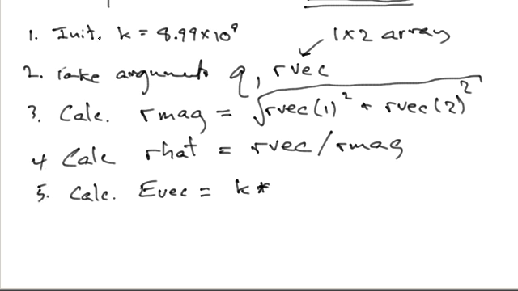I guess 1 and 2, the order isn't really relevant, and then evec is equal to k times q. I don't really need to use the asterisk here, but I will.